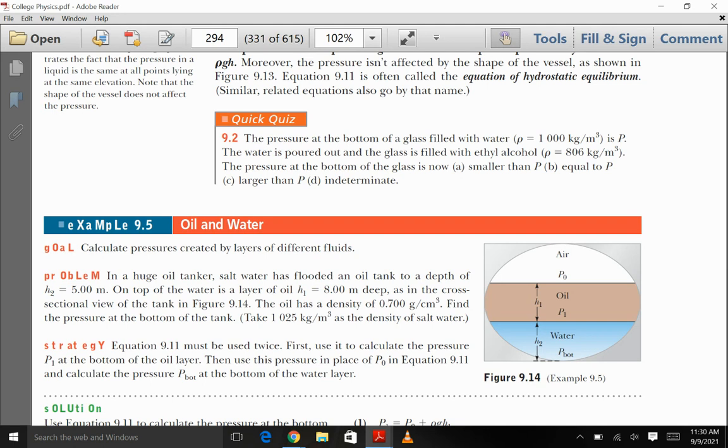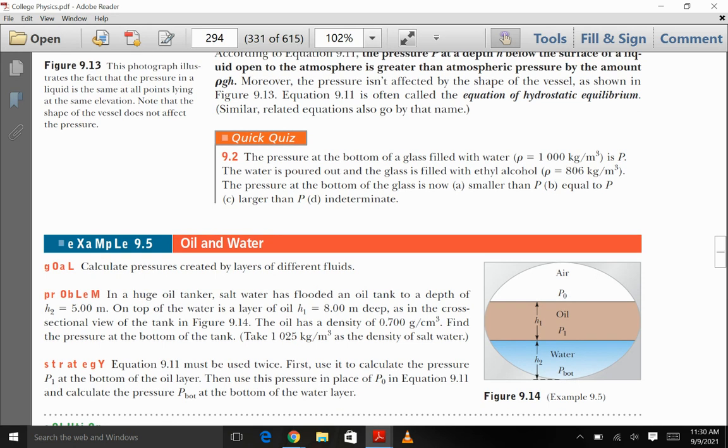So if we've got a situation like this, we know that the pressure is going to be highest at the bottom. That's where you're going to have the highest pressure. Now there's atmospheric pressure, then there's pressure due to the oil, and then there is the water. So how do you go on to answer this question?